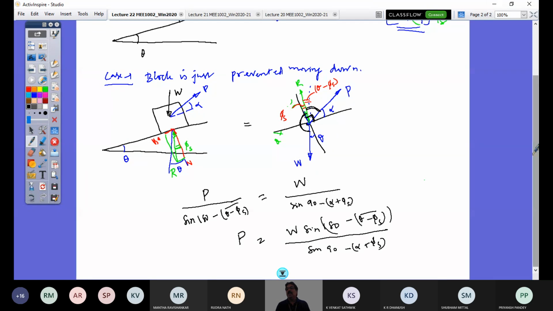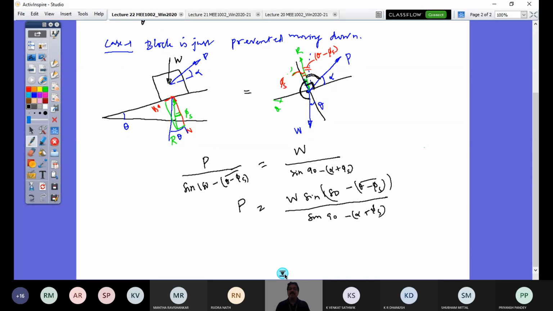Right? So now see, it's very simple to deduce further. What is the sine of angle 180 minus theta? Sine of angle 180 minus theta is sine theta itself, right? Sine 30 or sine 150 is same. You can just check in the calculator.